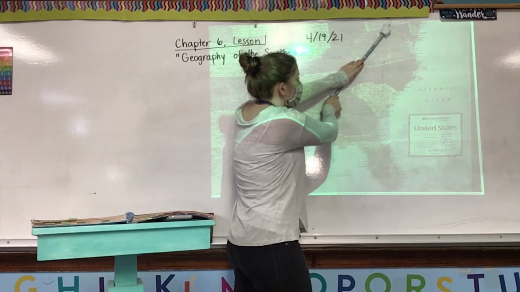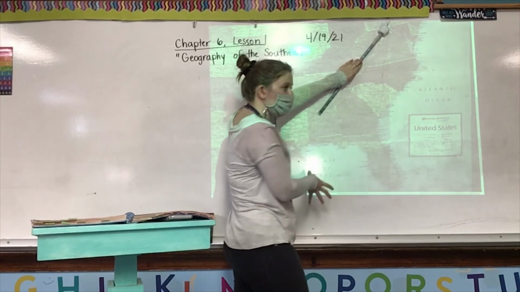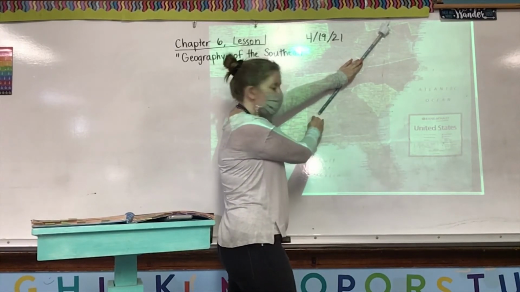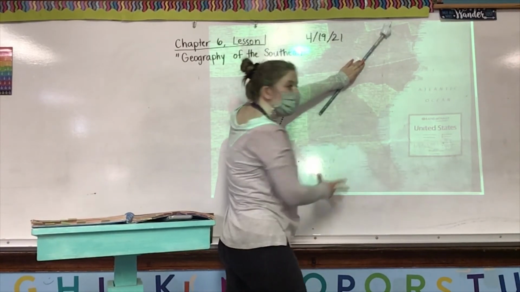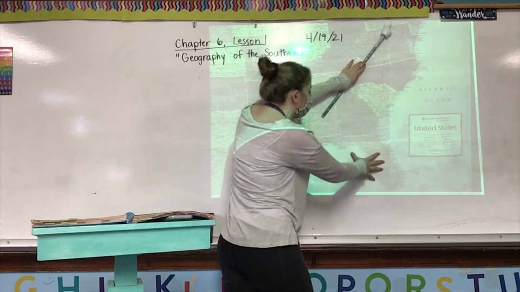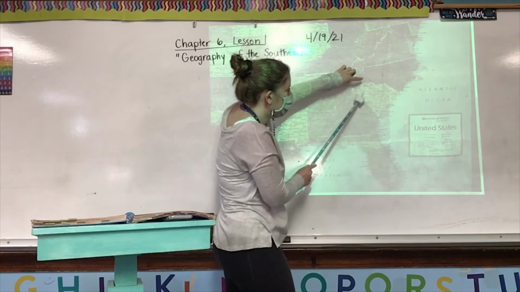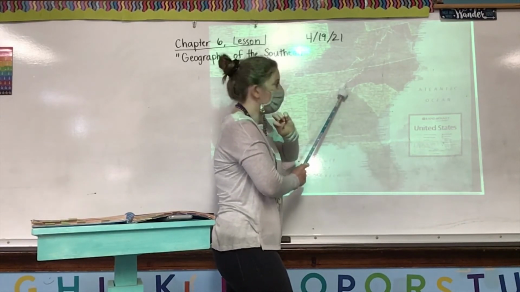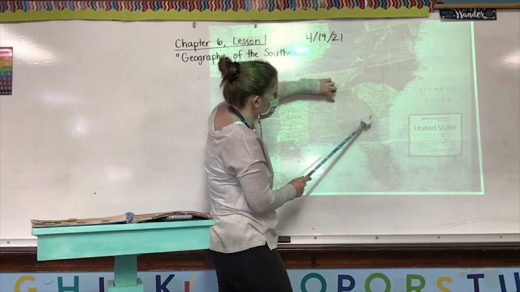But because the Appalachian Mountains run diagonally like this, it gets bigger and bigger the farther south you go. Do the Appalachian Mountains, which end right about here, touch Florida at all? So Florida is entirely part of the coastal plain. It is the only state to be entirely part of the coastal plain because look, even South Carolina is a little bit in the Appalachian Mountains. Just a little, like right here. Same with Georgia, just the top.